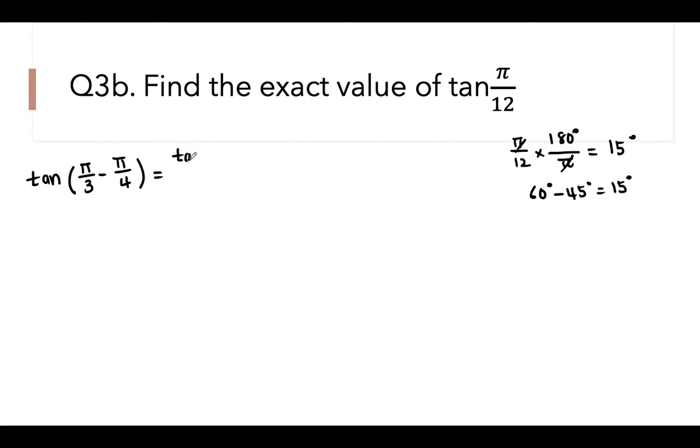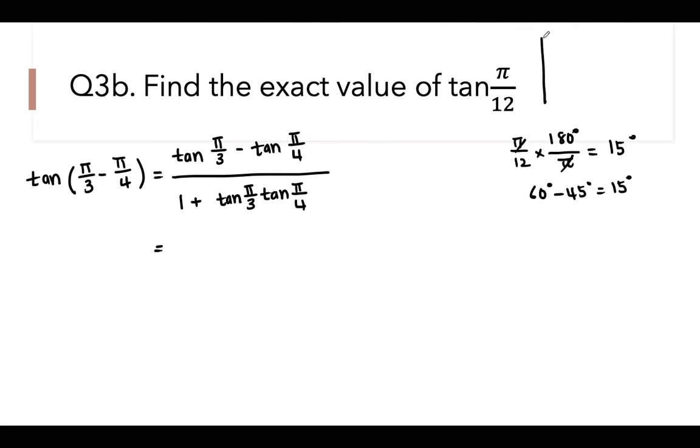So it's going to be tangent pi over 3 minus tangent pi over 4 over 1 plus tangent pi over 3 times tangent pi over 4. So what we're going to do now, we are going to evaluate this. So again, you have to have those special triangles handy.